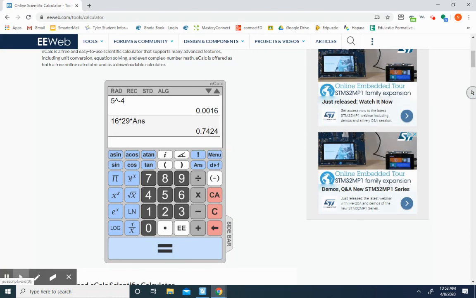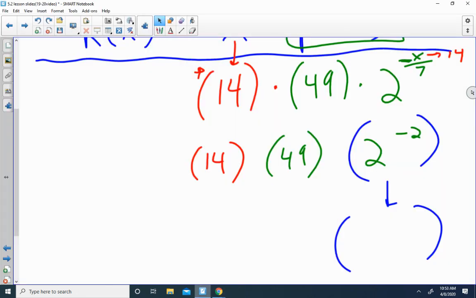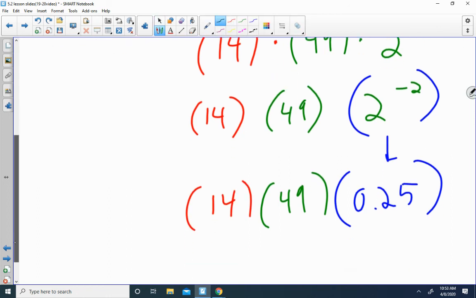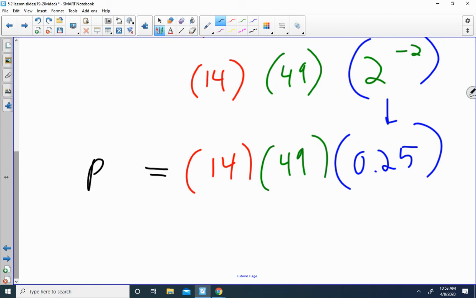So go to the calculator, clear. 2 to the power of negative 2. And that's going to give us 0.25. So 0.25, just got to multiply that by 49, and then multiply that by 14, and that will give us the revenue.